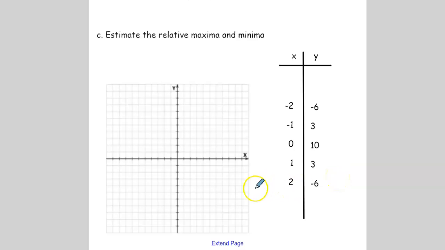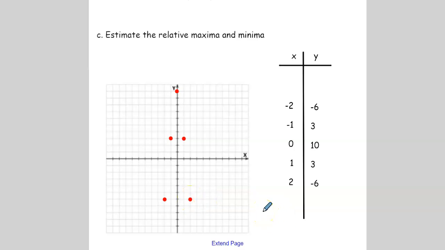And so we can start by graphing those values. So -2, -6; -1, +3; 0, +10; 1, +3; and 2, -6.